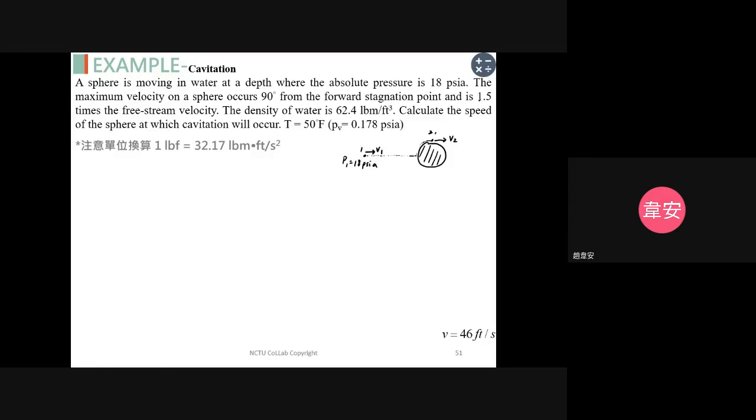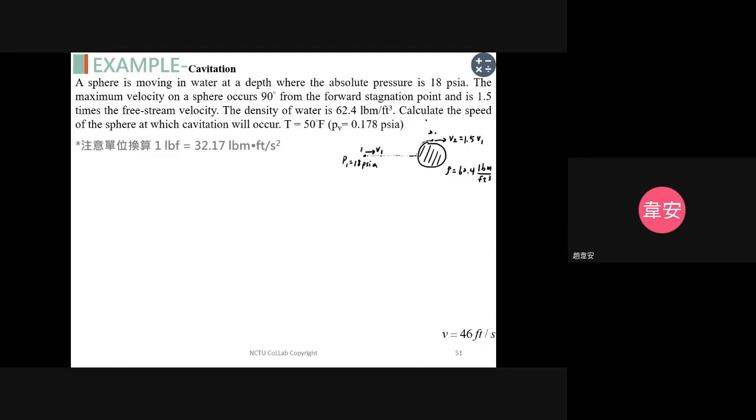The exercise tells you V2 here is 1.5 times V1. And the density is 2.4 pound mass per cubic foot.